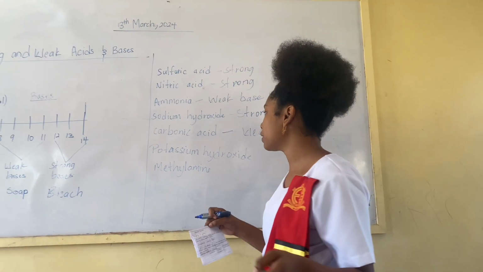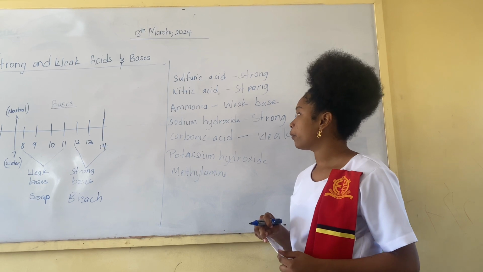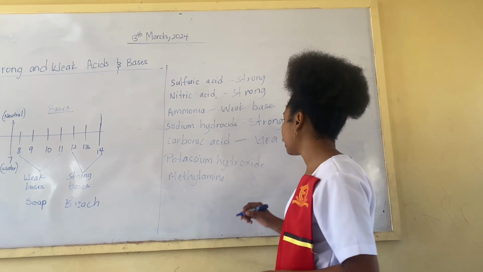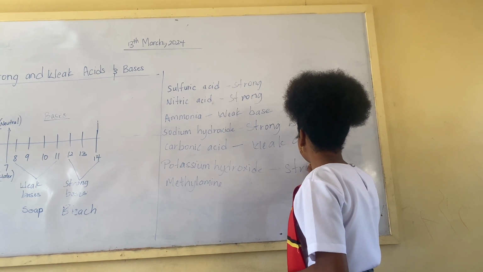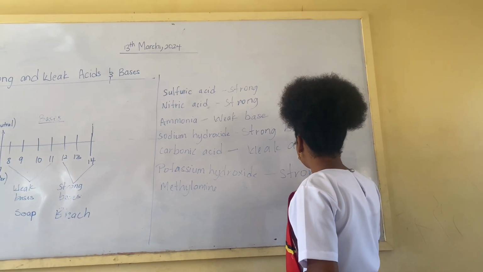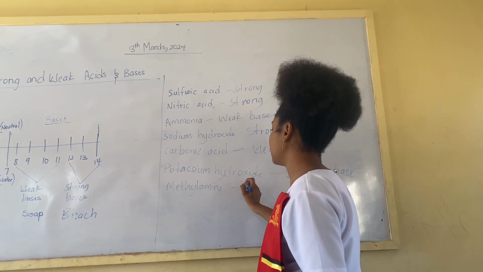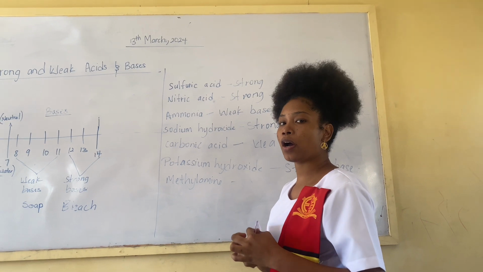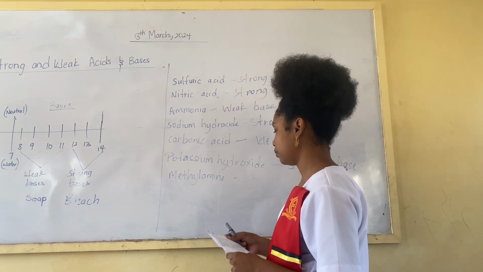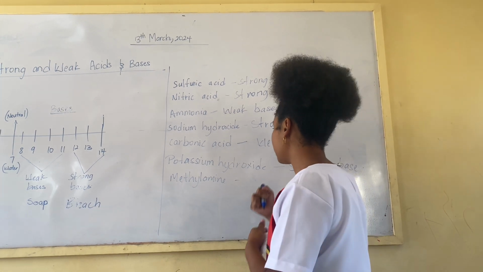Okay, so Sam is saying that it is a weak base. That is not correct, the correct answer is it is a strong base. And the last substance is methylamine. Is this a strong or a weak base? Okay, yes, this one is a weak base.